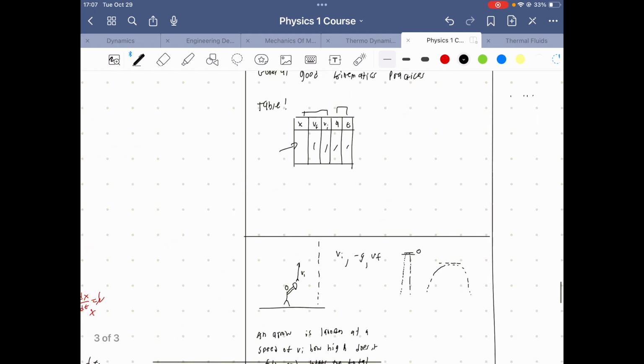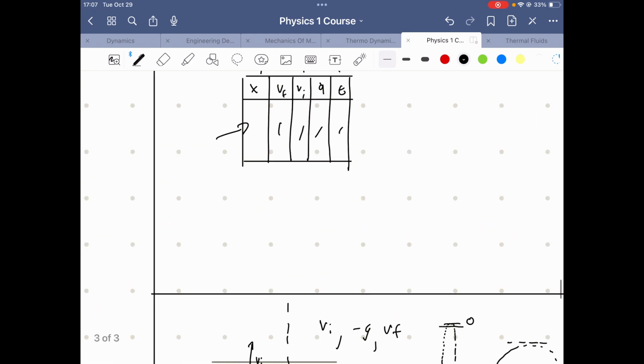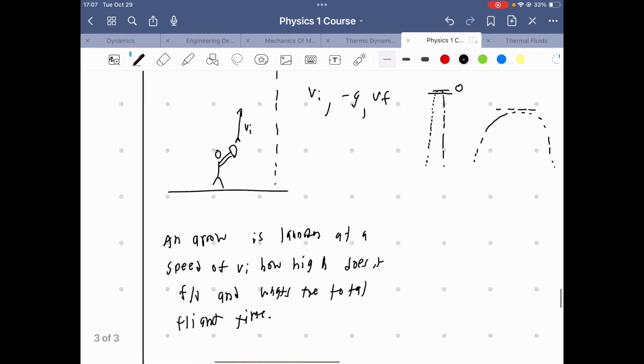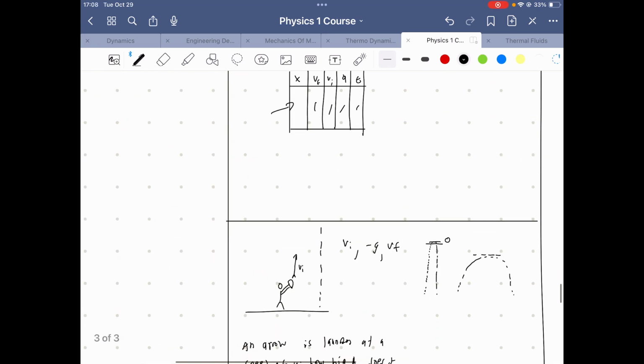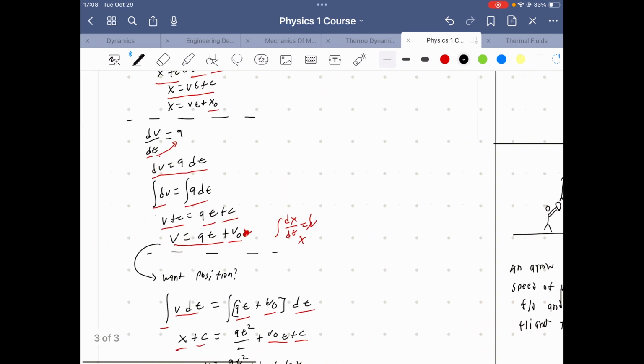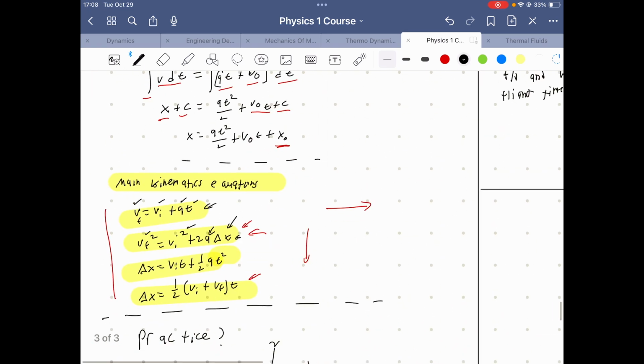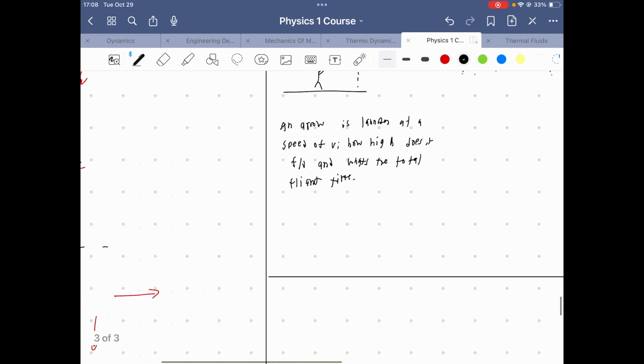Now, how can we solve for time given these 3 values? Well, what equations can we use? We can likely use our Vf is equal to Vi plus At equation.